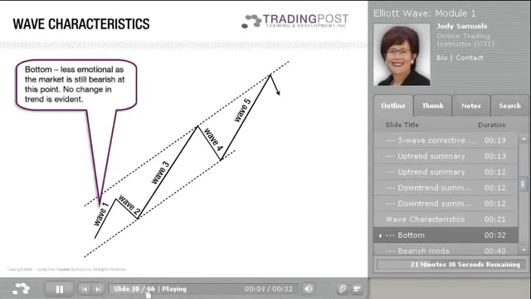Wave 1 is always part of a basing process. There are no momentum clues yet for a change in the trend. The price action is less emotional, with little or no volatility, as the crowd is still bearish at this point, so the market participants are still in sell mode, since no change in trend is evident.